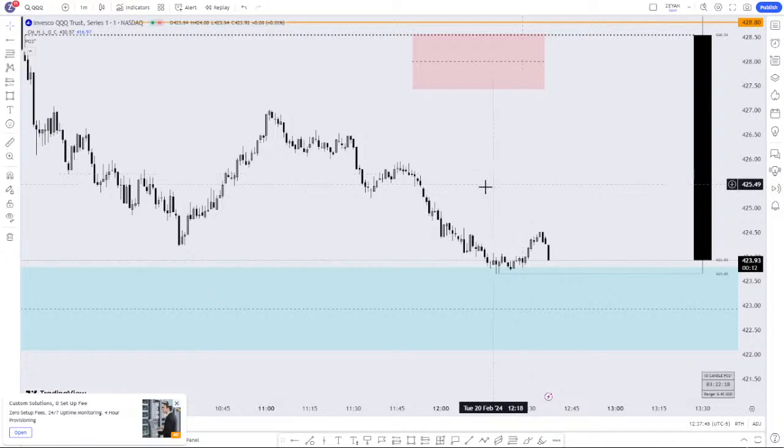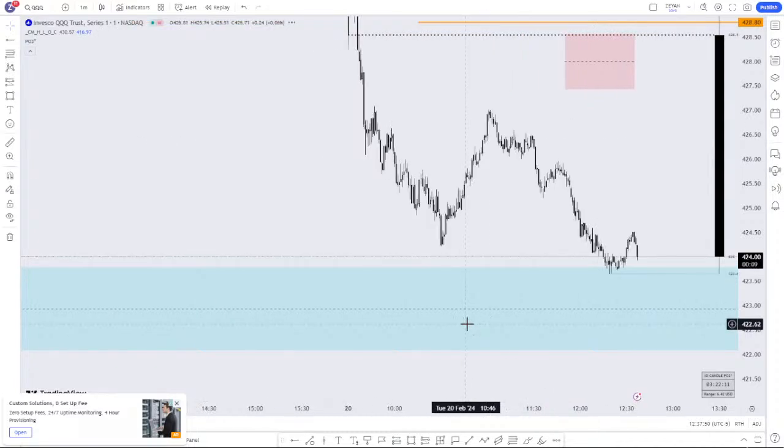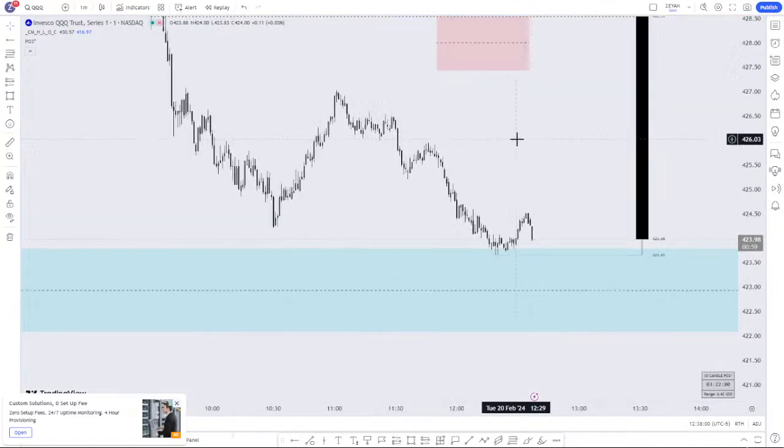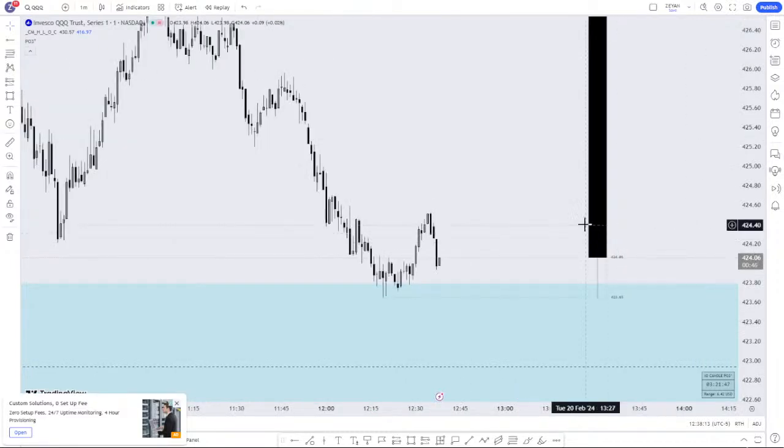For example, if I'm thinking of this box, if you somehow grasp this concept, you would understand where I'm coming from. So this is completely logical and rational. If I'm looking at this level, the market is going to reach this point as my target or take profit point.